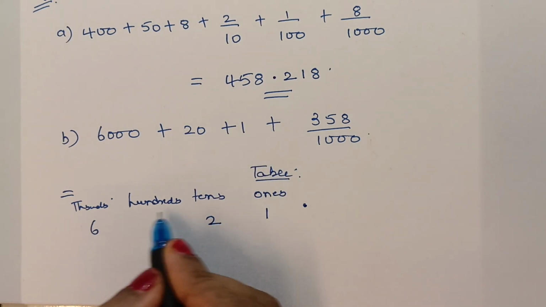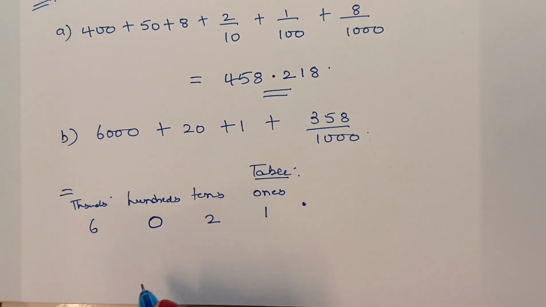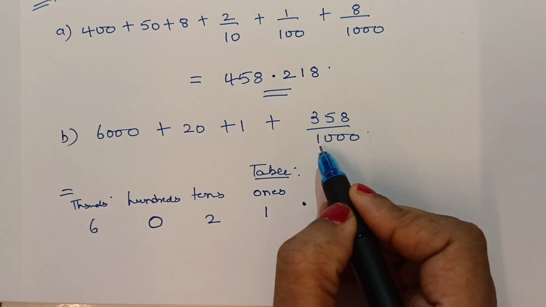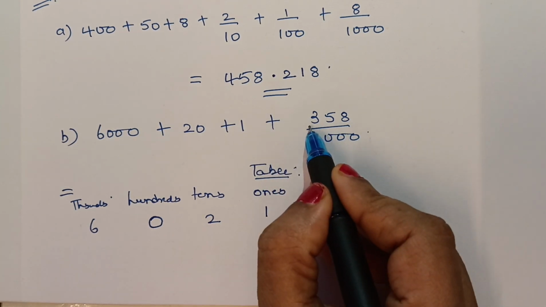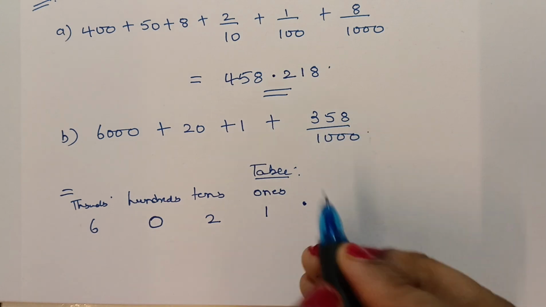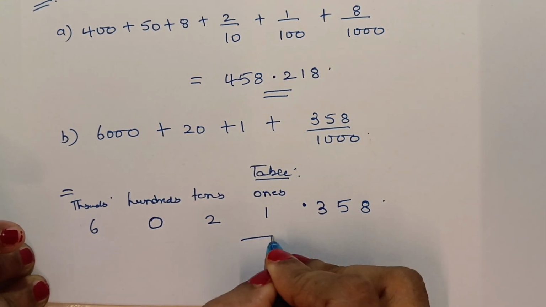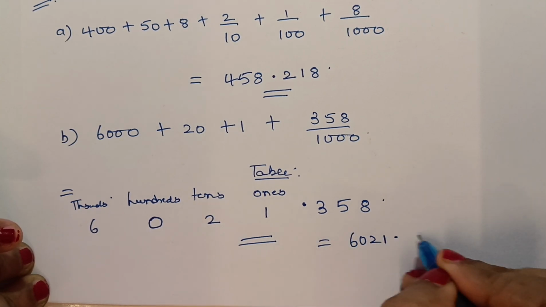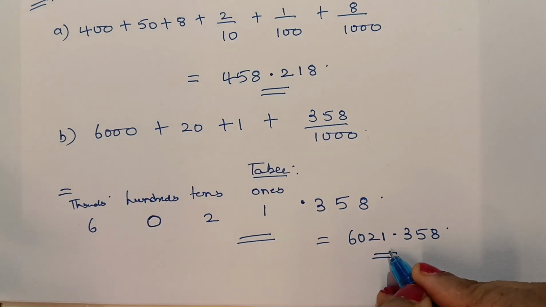Now you don't have any digit in the hundreds place, so write it down as 0. Are you getting? Point. Now you don't have tenth, you don't have hundredth, you have plus 358 divided by 1000. So this is your final answer: 6021.358.